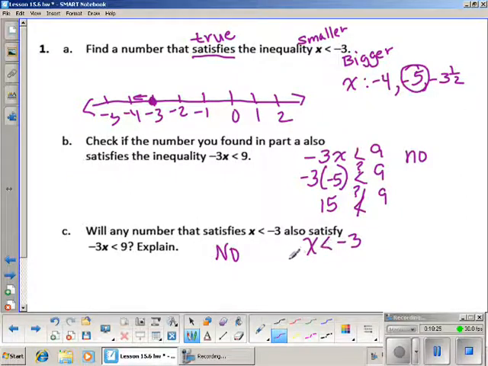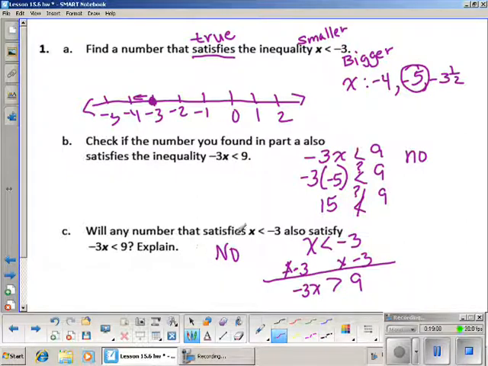That's how I think about it. What happens to an inequality when we multiply by a negative number? Yeah, you remember, the sign flips. So this was negative 3x, and this is how this became positive 9. So there's no way with this switching to its opposite that I could ever have a solution to our original inequality, x less than negative 3, be in the solution of negative 3x less than 9, because they'll be opposite numbers. All right.